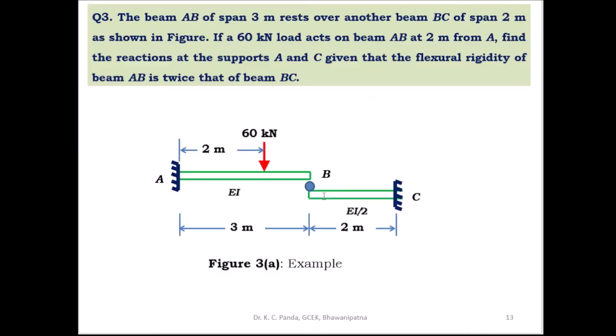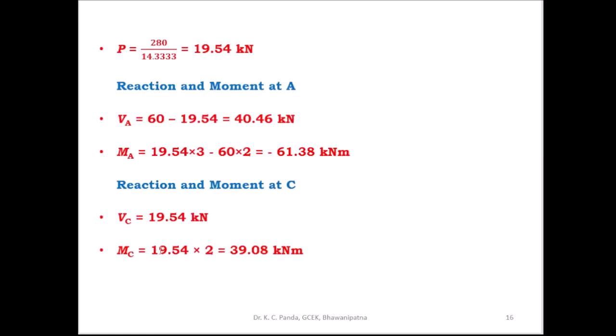Then you can find out the moment here, because you know the force P is equal to 19.54 kilonewton and the length is 2 meter. So the moment at C, MC, is equal to 19.54 into 2, which is equal to 39.08 kilonewton meter. So this is the moment and the reaction at C.